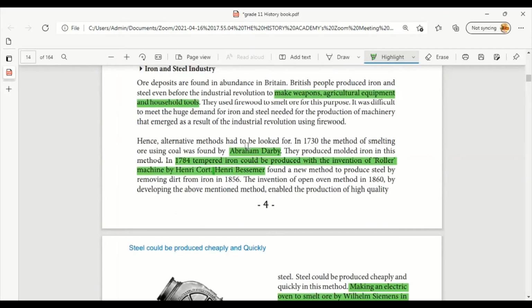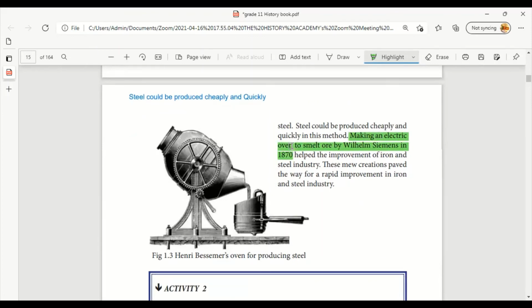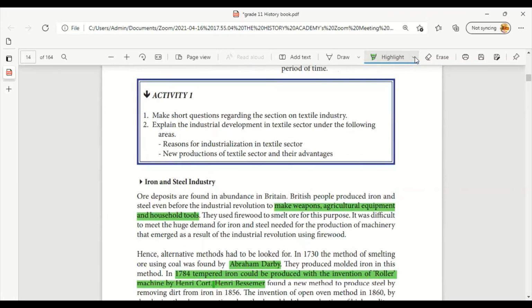So who are the four people who developed this iron and steel industry? Abraham Darby, and then Henry Cort, Henry Bessemer's open oven, and making an electric oven to smelt ore by Wilhelm Siemens, right? So this is the development of the iron and steel industry.